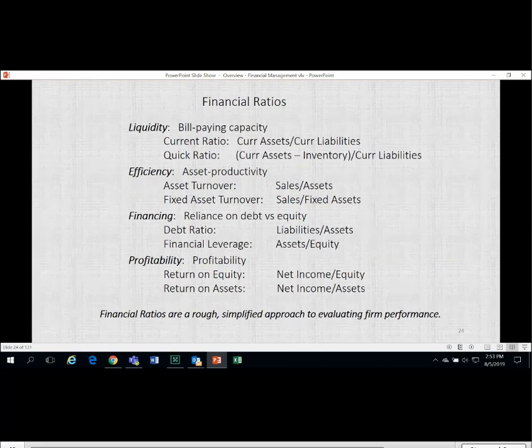Now, those robots are listed on the balance sheet as fixed assets, whereas labor is not. So their fixed asset turnover ratio would be much lower. Does that mean it's a less efficient firm? Yeah, could be. It's a lot more efficient than the firm that uses only labor. So again, it's just a very rough approach, and really it's kind of the first step in going into a deeper analysis.